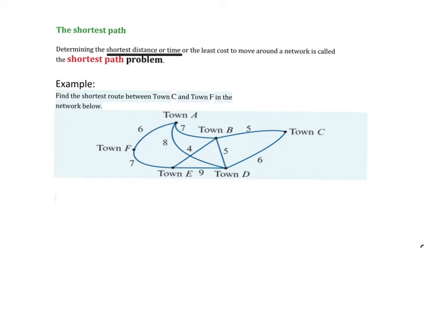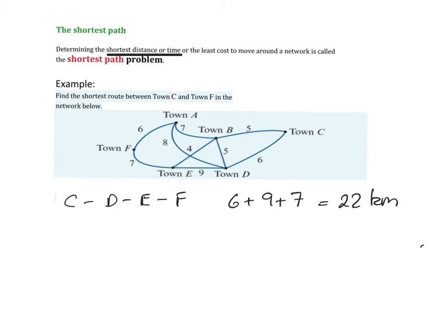We could go from C to D to town E to town F, and if I was to work that out, it would be 6 plus 9 plus 7 is 22. Notice I don't have to go through all of the towns. It doesn't ask me that because I'm looking for the shortest route. So the most direct way to get from C to F, which takes the least amount of time.